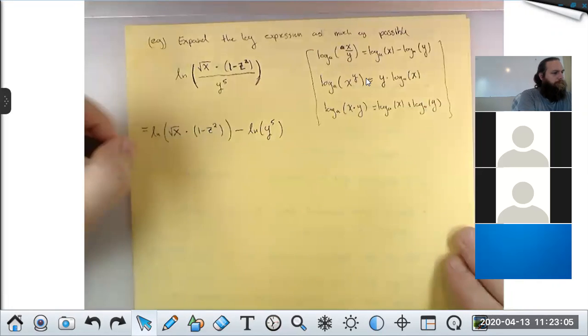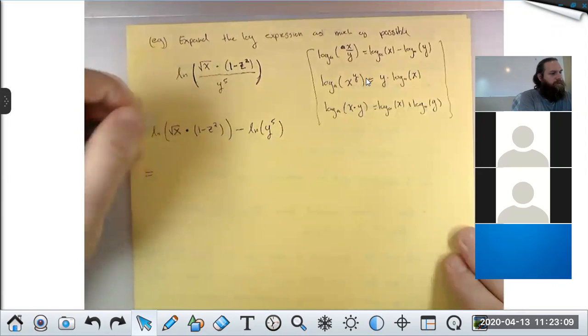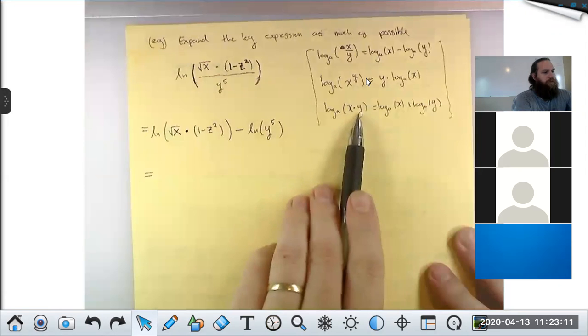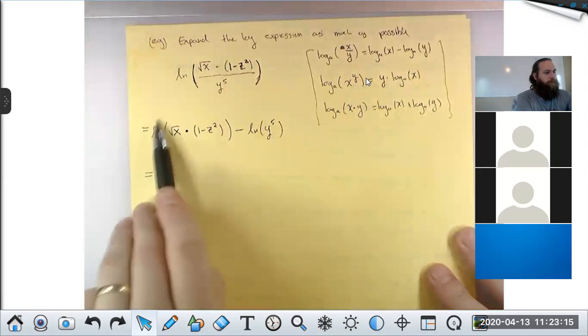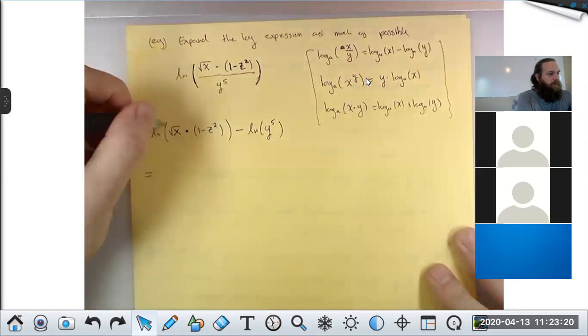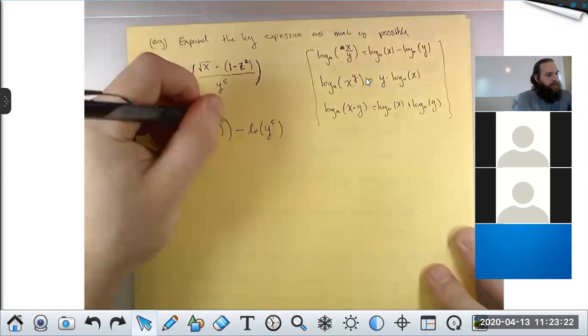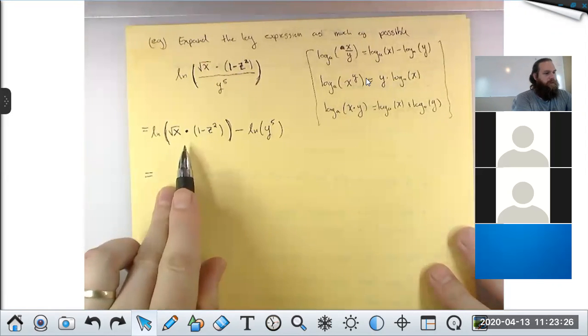From there, this first piece has some multiplication inside. And I know that multiplication inside is the same as addition outside. So the ln of, and these parentheses are so important, right? Because they tell me what's inside the log and what's not. So this is where the inside of that first log starts. This is where the inside of that first log stops. And there is multiplication in here.